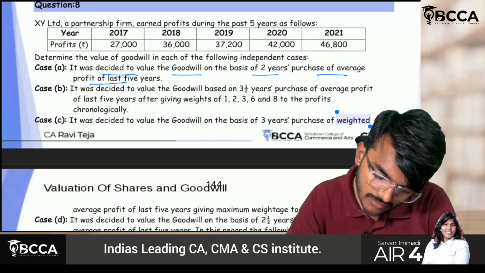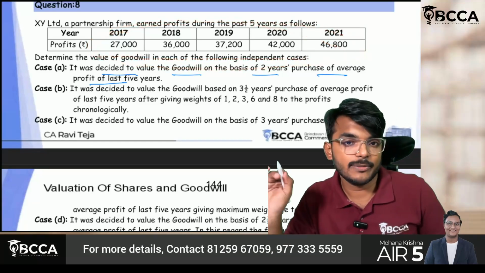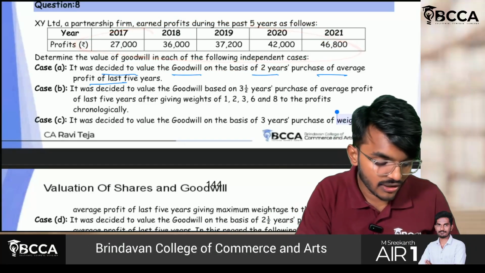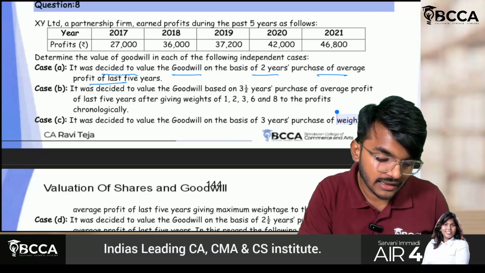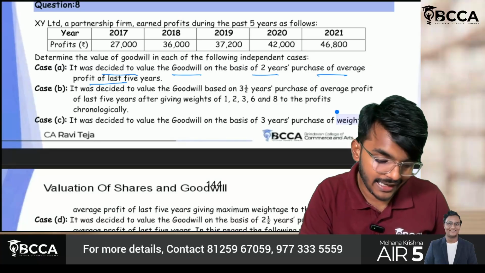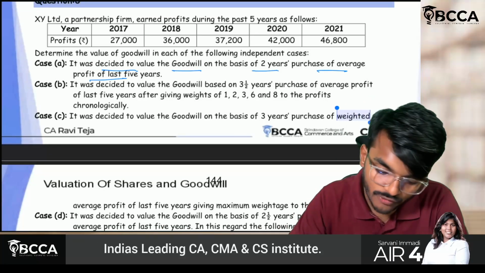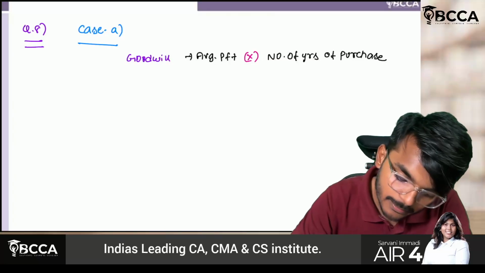If you calculate the average profit, I am directly calculating the average here: 27,000 plus 36,000 plus 37,200 plus 42,000 plus 46,800 divided by 5. You will get an average profit of 37,800. It is very simple.